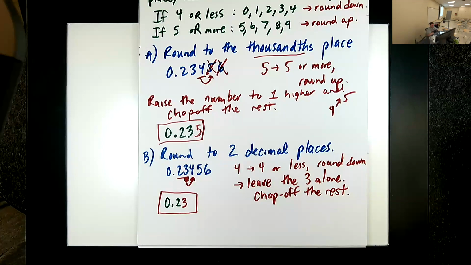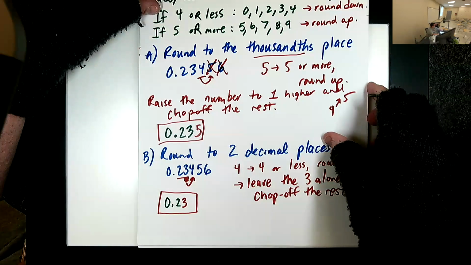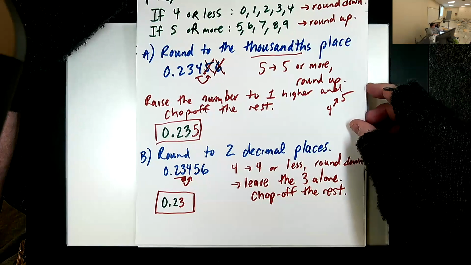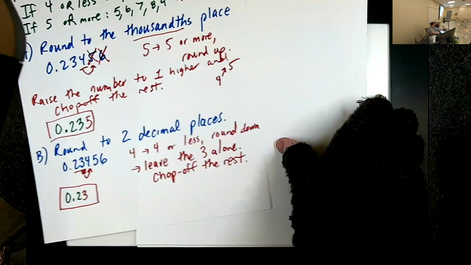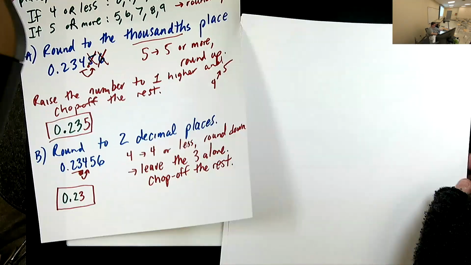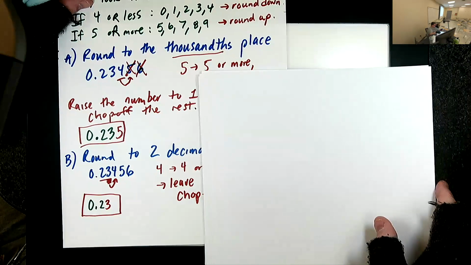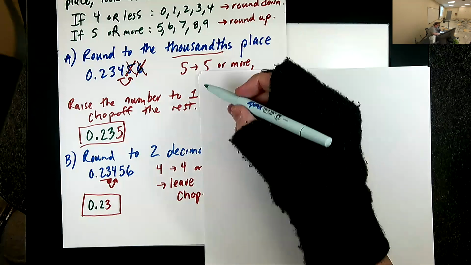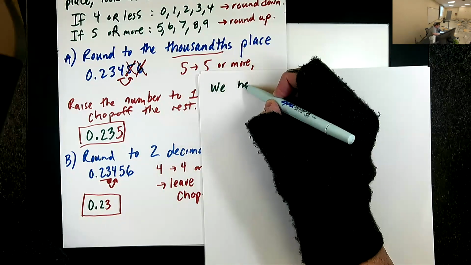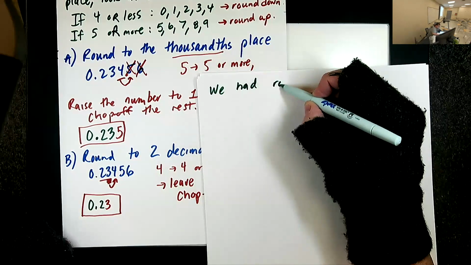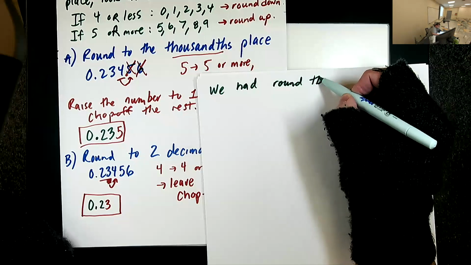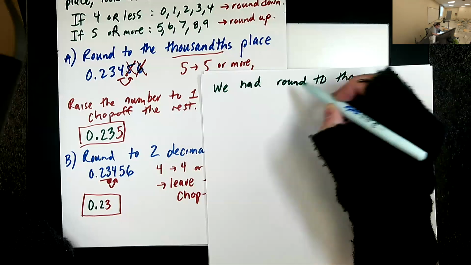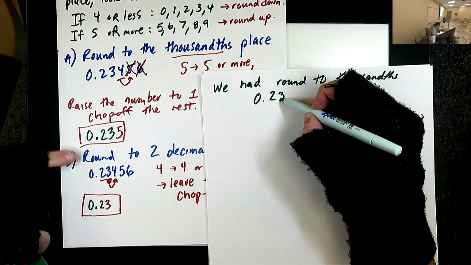And I want to point out something here. I'm going to do it on the next page. I want to make sure everyone's ready. You guys ready for the more? Notice when I said round to the thousandths, we had round to the thousandths and we got 0.235 here.